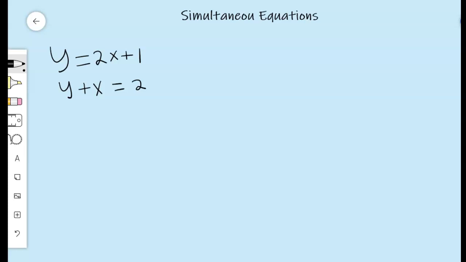So looking at here, what we have to do is label these two equations. We can call this one 1 and this one 2. Since one of the variables, the y, is isolated, standing by itself, it will be better if we use the substitution method.